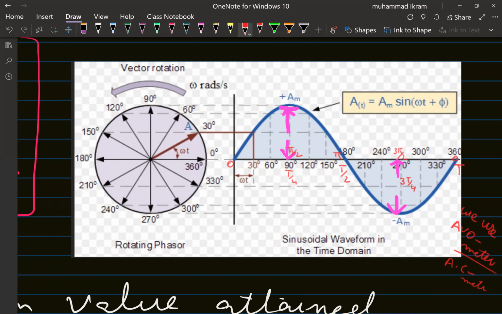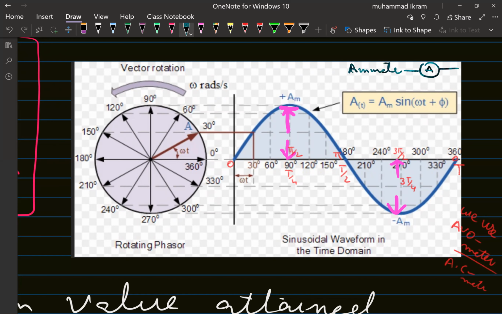Now the question is that when you place the meter in any AC circuit, we don't know at which time the AC will be passing through its peak value.